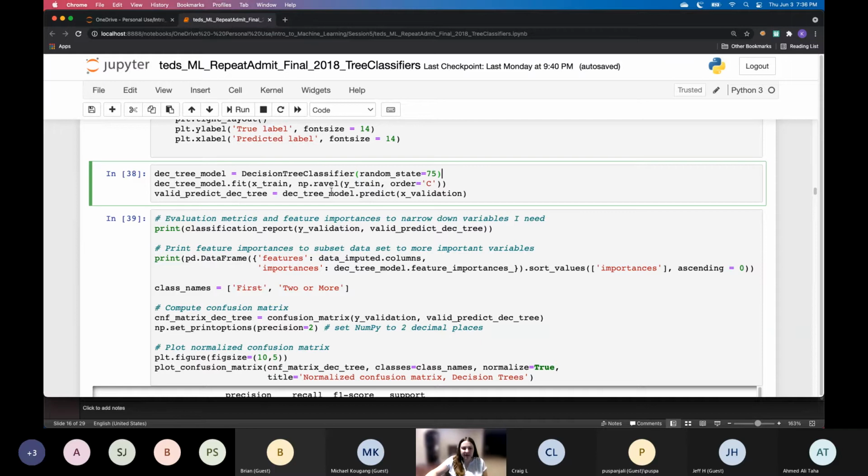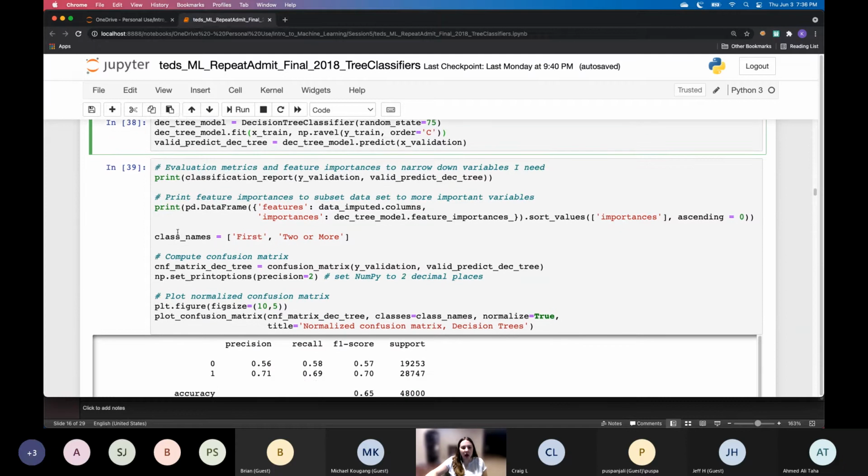So we make the skeleton, and then we take our training data. So our X training data, those are our predictors, and then our outcome values, our known values, and then we fit that decision tree model with our training data. Then we actually use a validation data set to predict, and then look at the results.